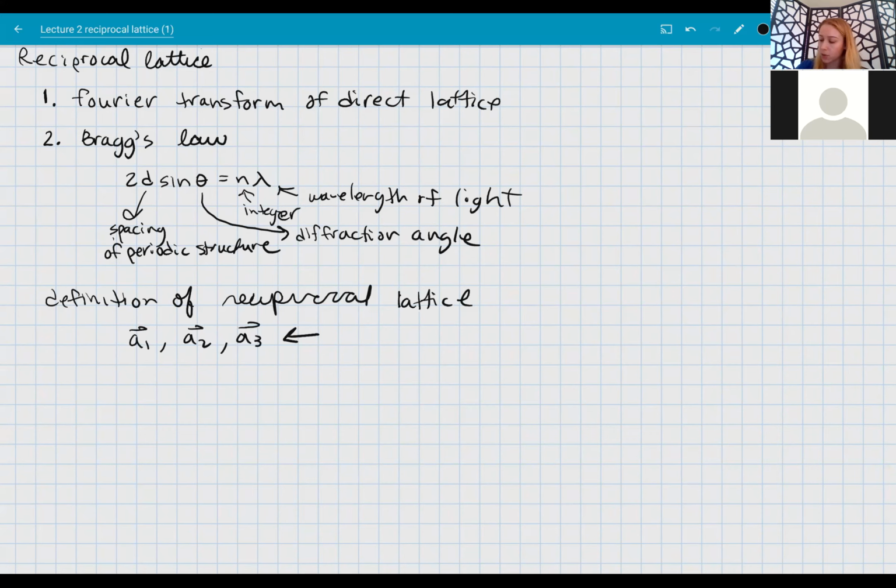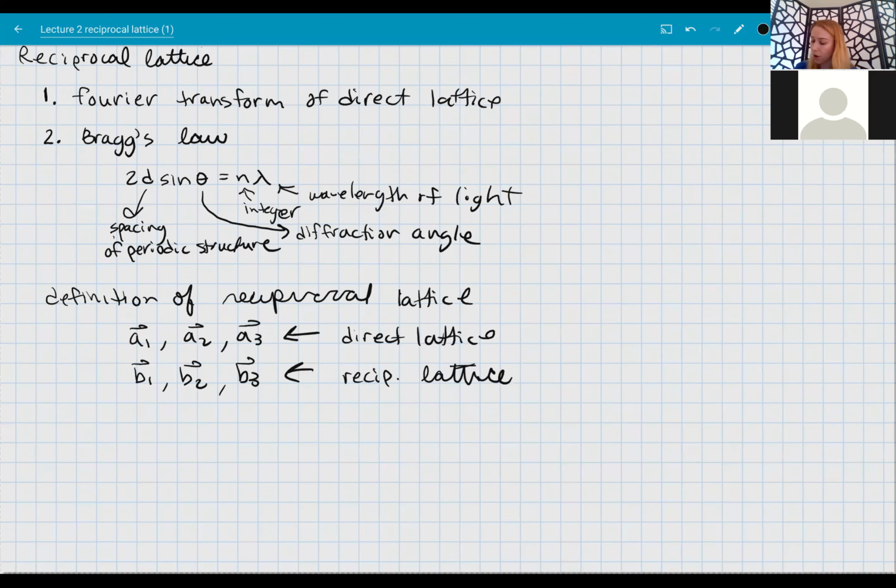And this, again, is the direct lattice. So that's the regular real space lattice from the first mini lecture. So now the reciprocal lattice vectors, they are going to be called B1, B2, and B3. And they are defined as follows.